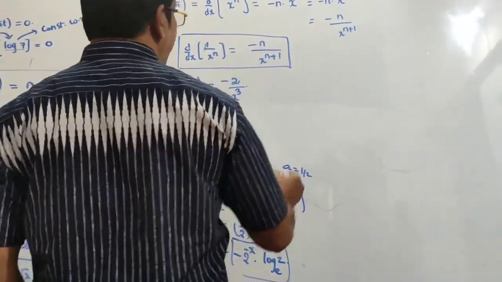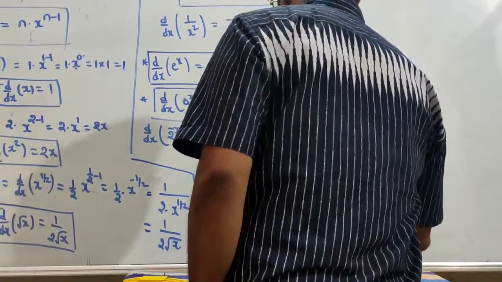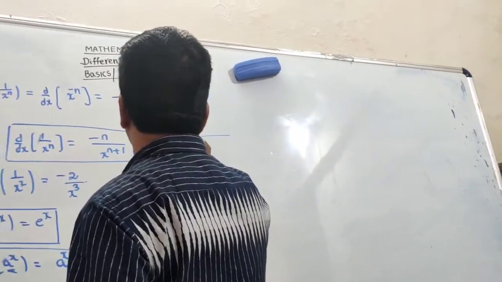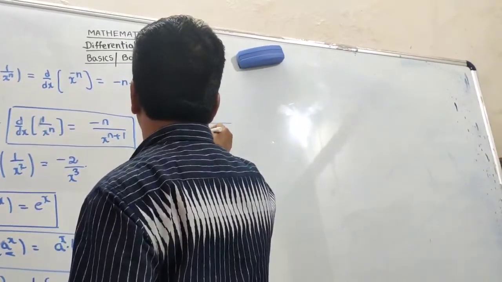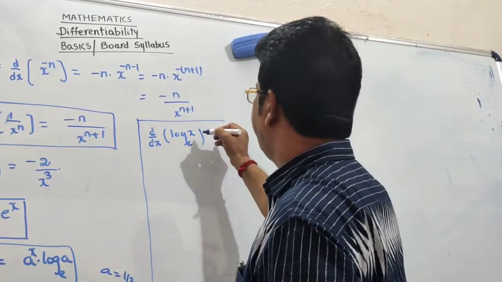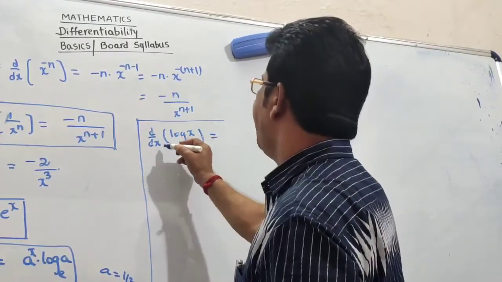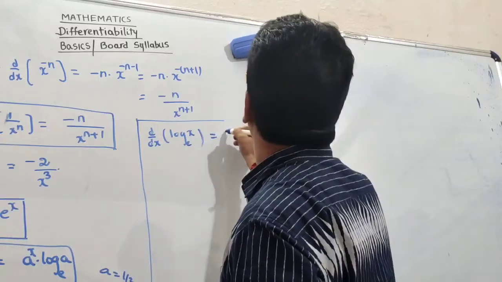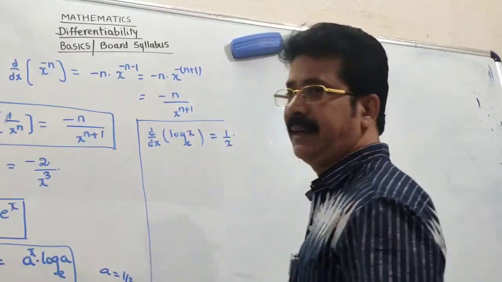The next, d by dx of log x, I mean to the base e. This is one of the important formulas. D by dx of log x base e is equal to simply 1 by x.